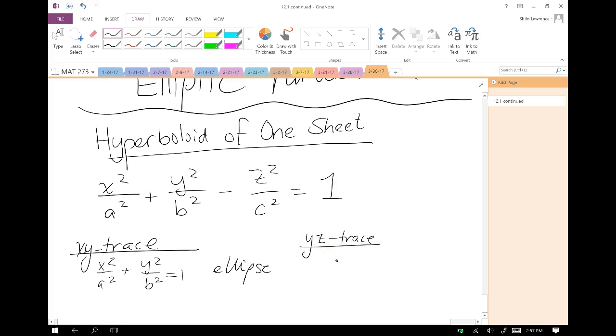YZ trace, you're going to let x equal 0. It's a hyperbola. Ellipses don't have direction.